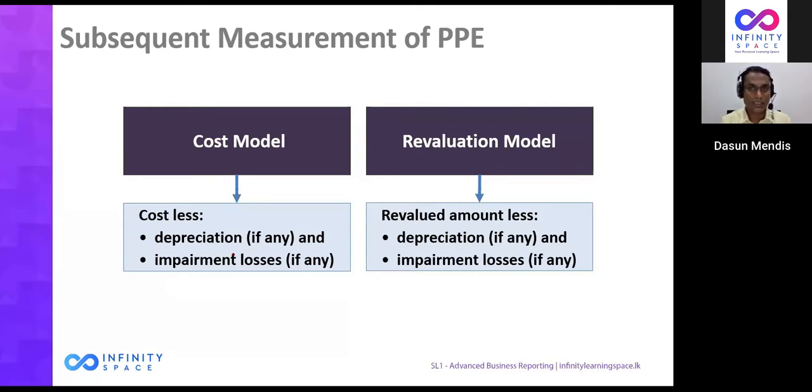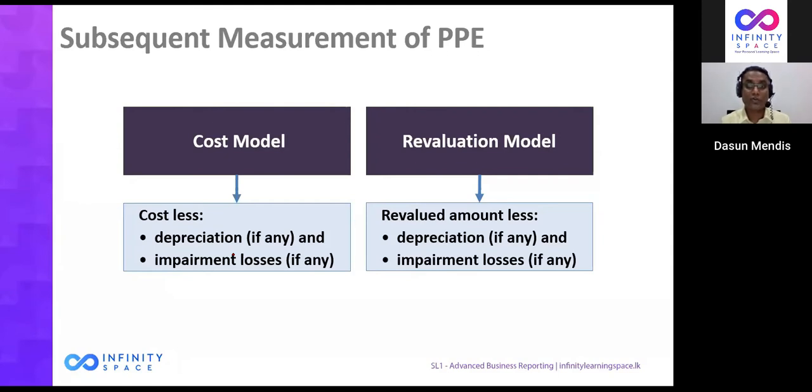So the relevant practical scenario in the Sri Lankan context to the given case study is HEMAS. So in HEMAS, what they are doing is land and building, they follow the revaluation model. So the revaluation model means you revalue the particular property, land and building. That revalued amount you depreciate over the remaining useful life. If there are any impairment losses, you recognize. And when you are using the revaluation model, you need to ensure that there shouldn't be a significant difference between the carrying value in the financial statements and the current fair value.